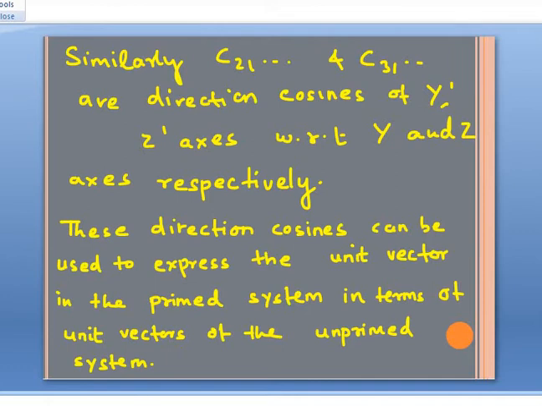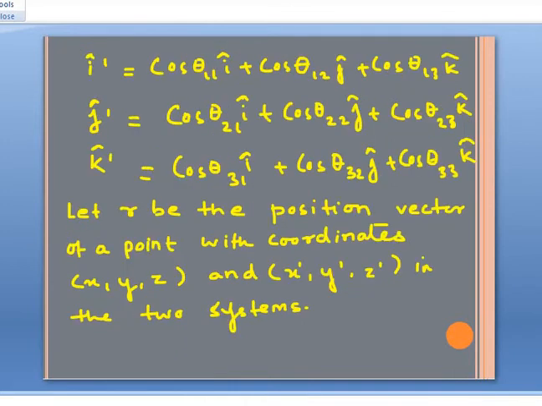Once you have both sets of coordinates, you use the relationship of direction cosines to find a relationship between them. So how do you do that? i prime can be expressed in terms of i, j, k. How? cos theta 11 i plus cos theta 12 j plus cos theta 13 k.